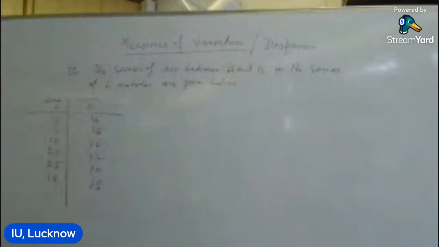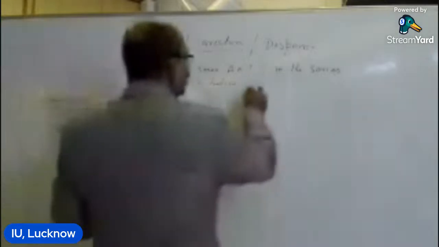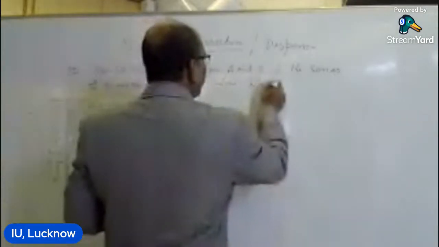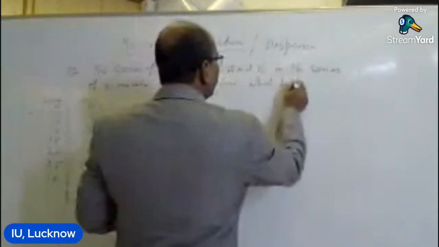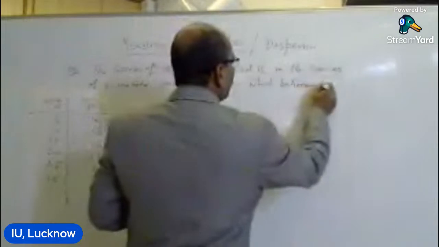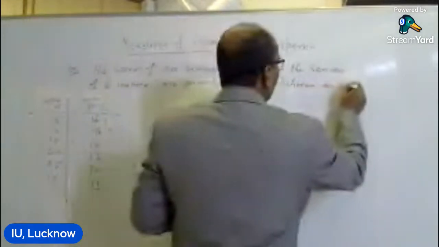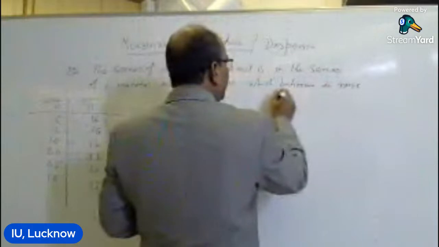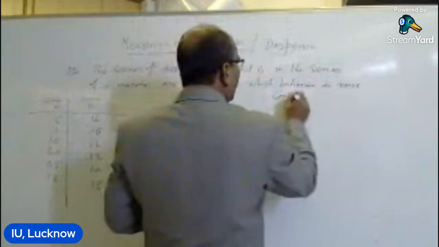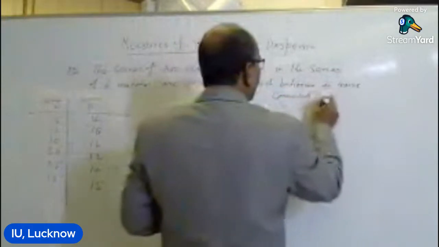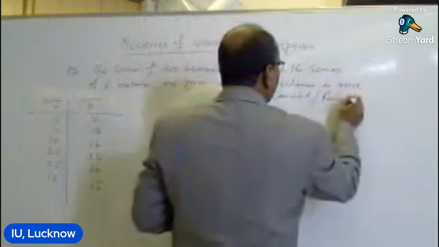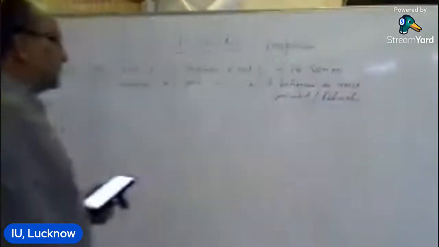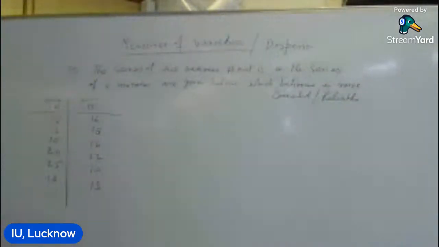Now you have to find which batsman is more consistent and more reliable. So these are the scores of the two batsmen given here.